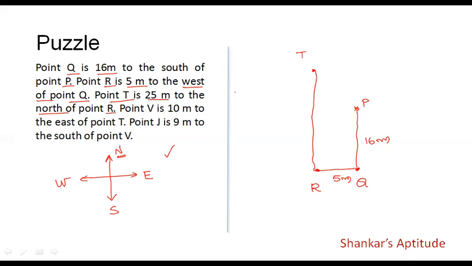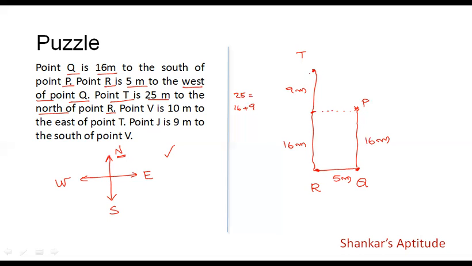We know 25 is equal to 16 plus 9. So when we consider the length from R till this point here, it corresponds to 16 meters. The same 16 meters from P to Q can be extrapolated here. So 16 meters, plus from this point to point T, the distance is 9 meters. Like this, we can split this 25 meters distance from R to T.